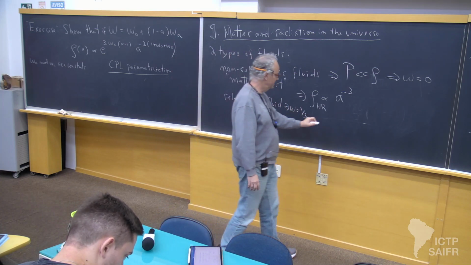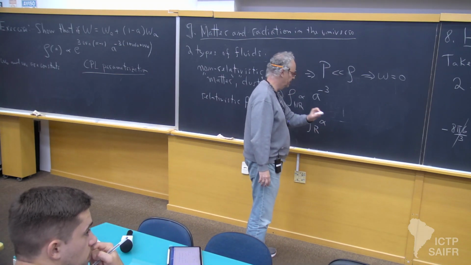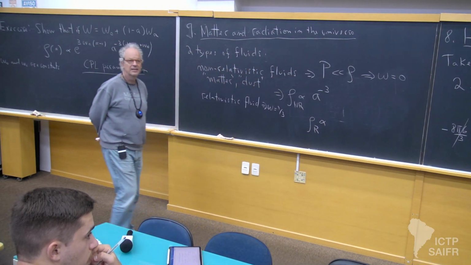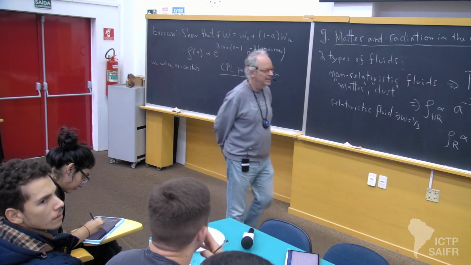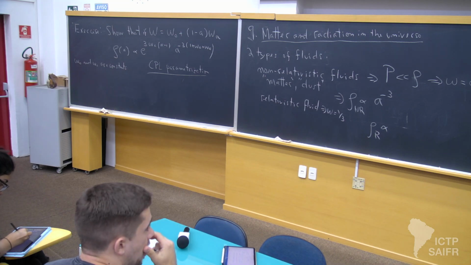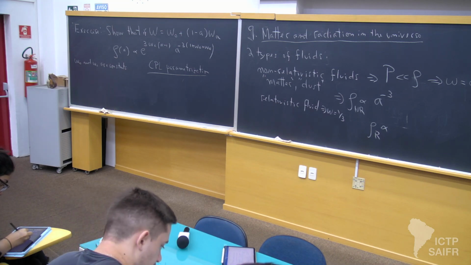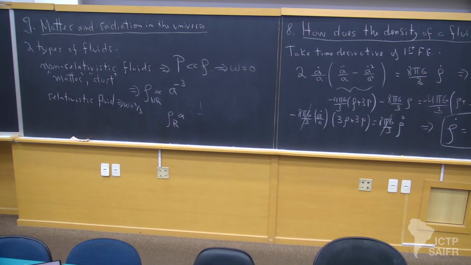So what happens with the energy density of a relativistic fluid? How does it change with the scale factor? A to the minus 4, because here, if you put 1/3, 1 plus 1/3 is 4/3, and here you have factor 3, so it goes like A to the minus 4.